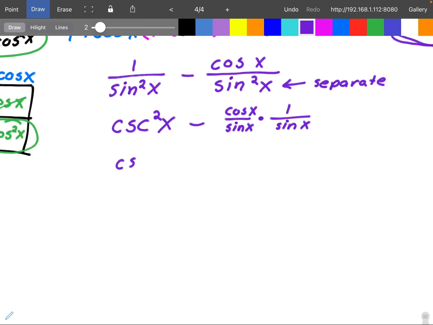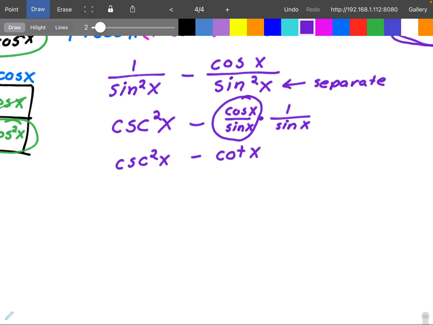Now I can start simplifying. So I already have the cosecant squared x. That's not a fraction. Remember, our goal is to write this as not a fraction. Then we want to use our quotient or ratio identities and decide how can I rewrite cosine x over sine x. So if you look at your identity sheet, cosine over sine is the same thing as cotangent.